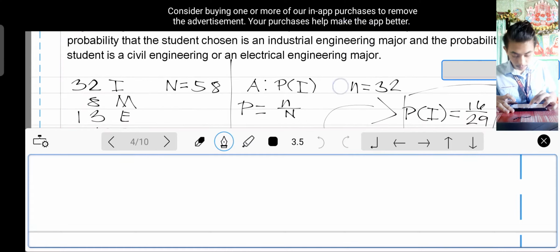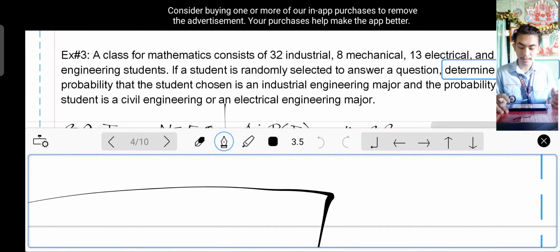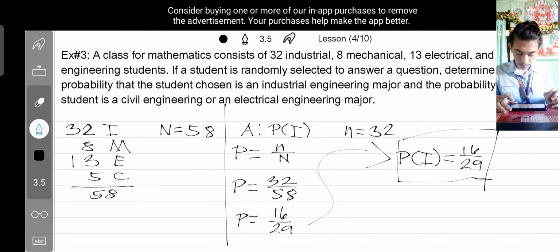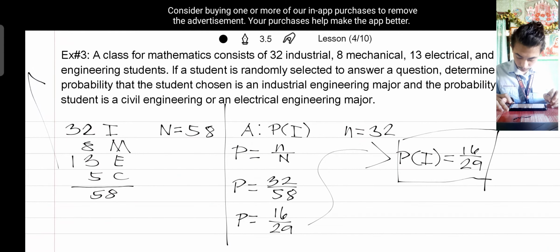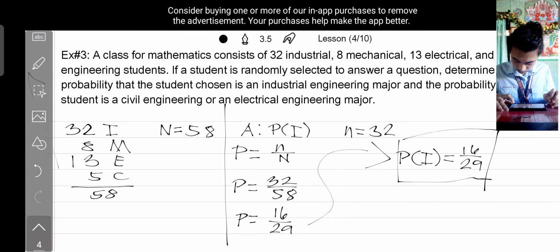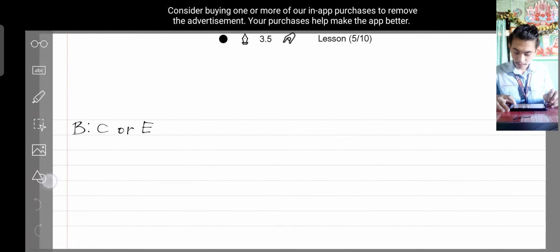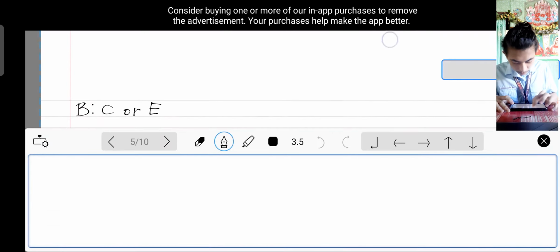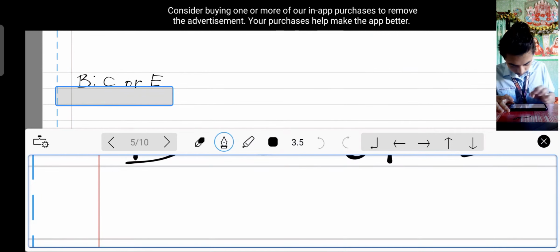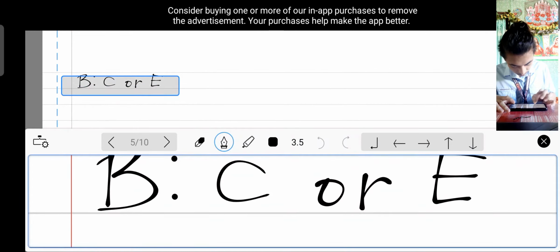We have 5 civil engineering students and 13 electrical students. Therefore, since we have the or, our formula for this is addition.